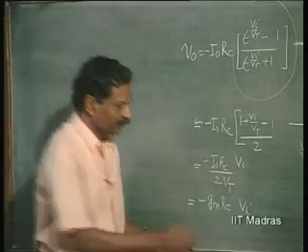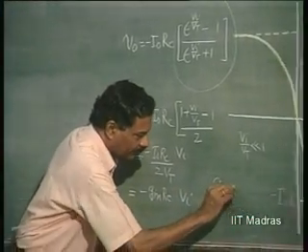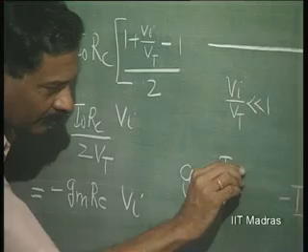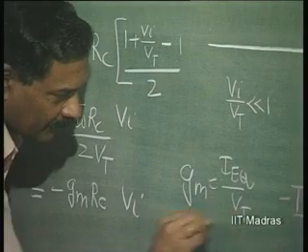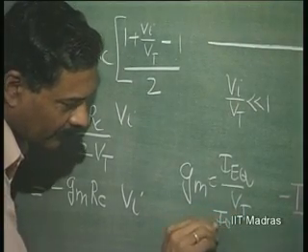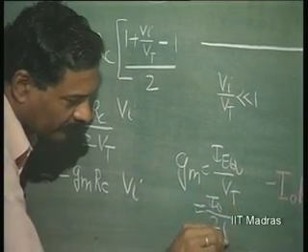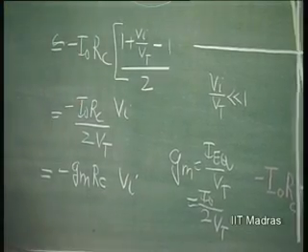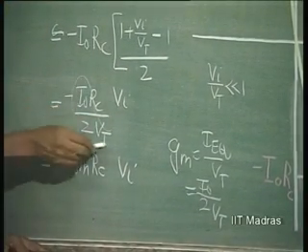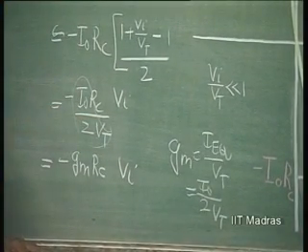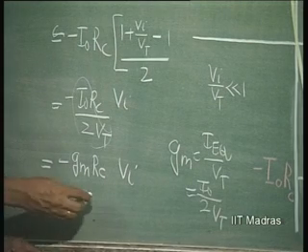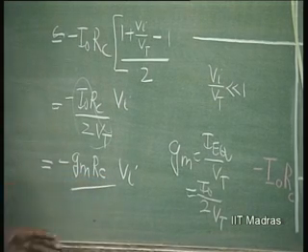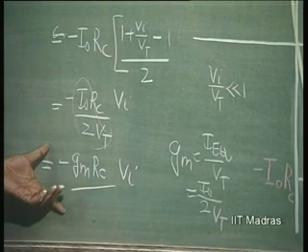So, Gm is equal to IEQ by Vt. This is I0 by 2 for this differential amplifier. So, we know that this is I0 by 2 Vt, that is Gm, this into RC. This is what we had earlier surmised from the small signal equivalent.